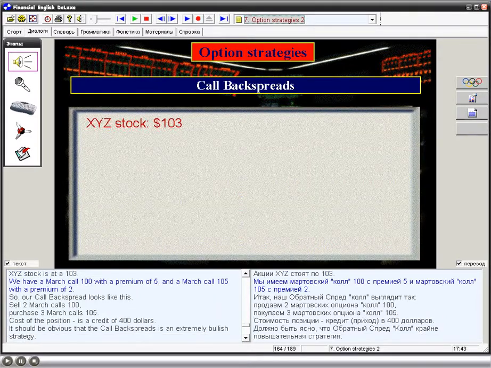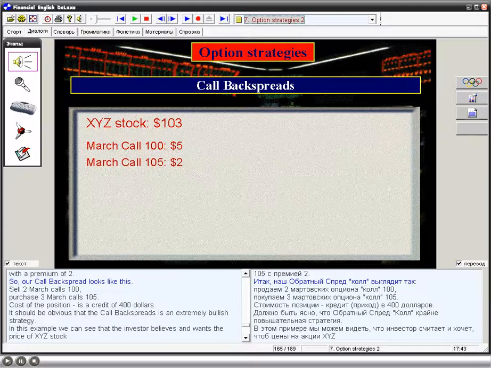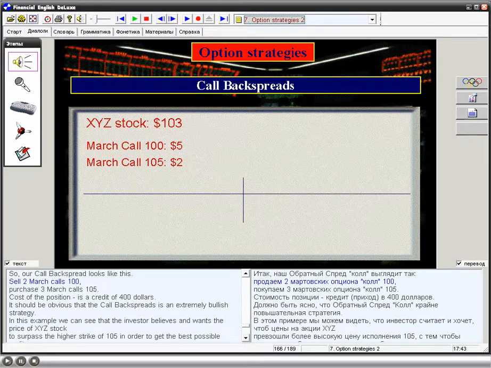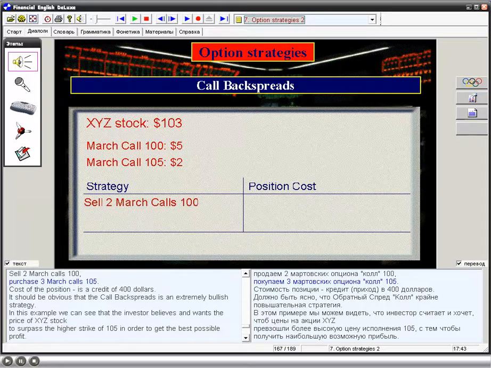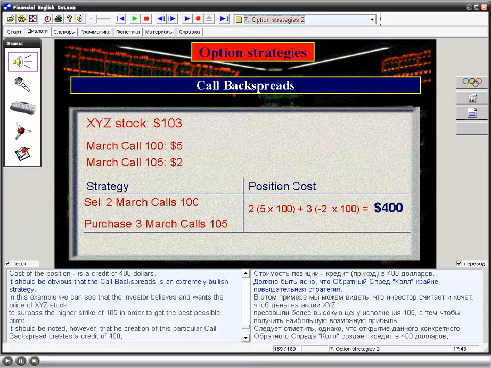XYZ stock is at 103. We have a March call of 100 with a premium of 5, and a March call 105 with a premium of 2. So our call back spread looks like this. Sell 2 March calls 100, purchase 3 March calls 105. Cost of the position is a credit of $400.